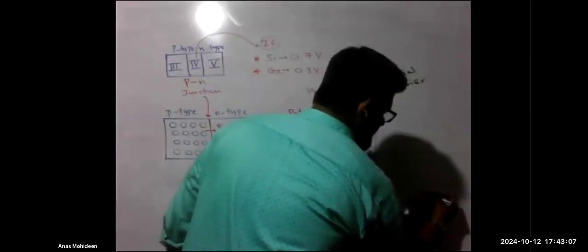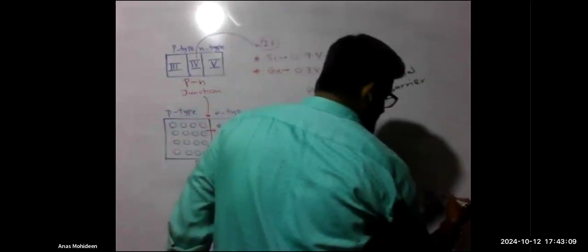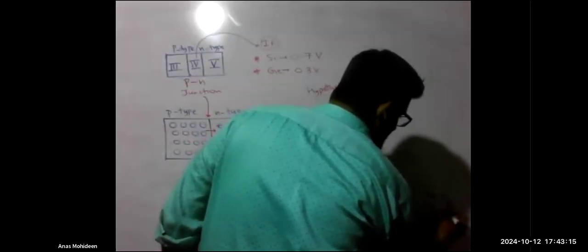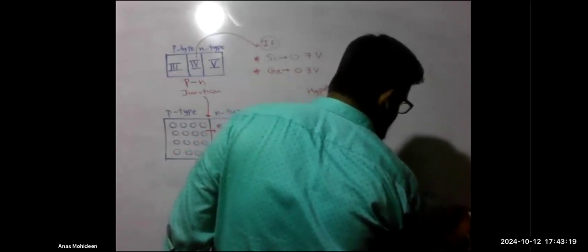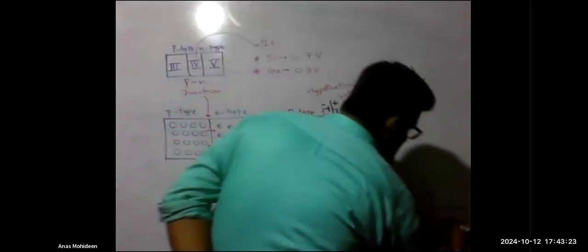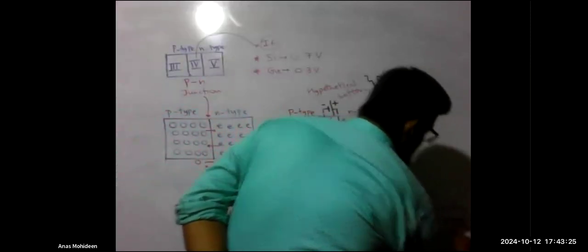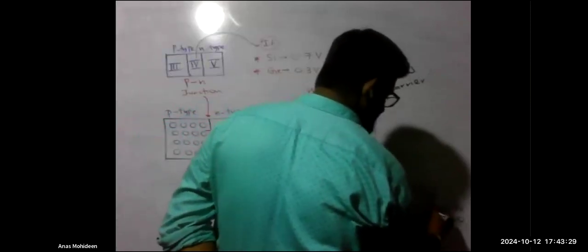So you see what happens here. If the voltage, we take it as bias voltage, VB, bias voltage. So if the bias voltage is less than 0.7, no current. Less than 0.7, current is 0.